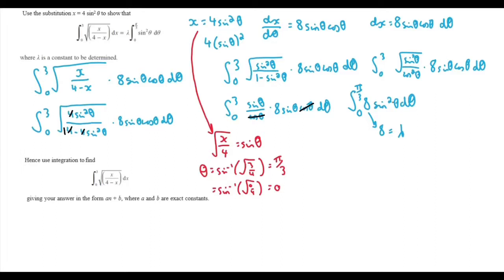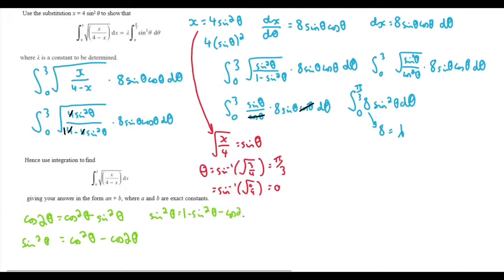There's a specific identity, which is based around the double angle formula. If I just do it down here. So the idea that cos 2 theta equals cos squared theta minus sine squared theta. If we were to just start rearranging this, like bring the sine squared onto the left to make it positive, and then you have cos squared theta minus cos 2 theta. This cos squared can be rewritten as 1 minus sine squared theta, so minus cos 2 theta.